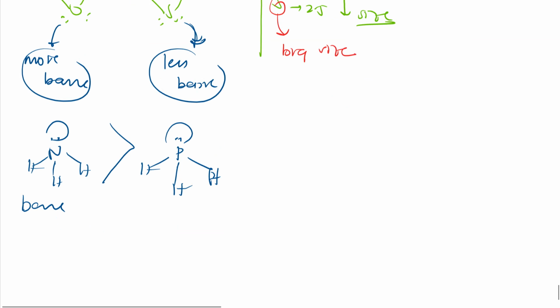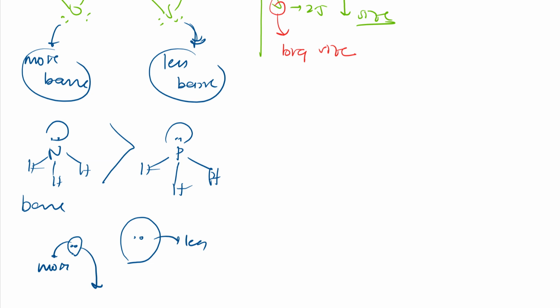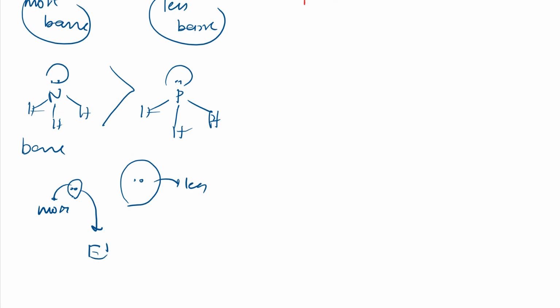The reason is nitrogen has a small size, so electron density is more on nitrogen. Phosphorus has a bigger size, so the electron-density-to-size ratio is less, whereas here it is more. So it can easily donate electron density to an electrophile compared to the other.